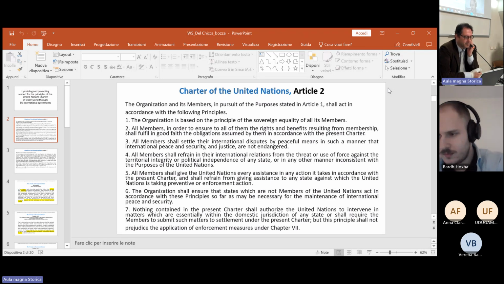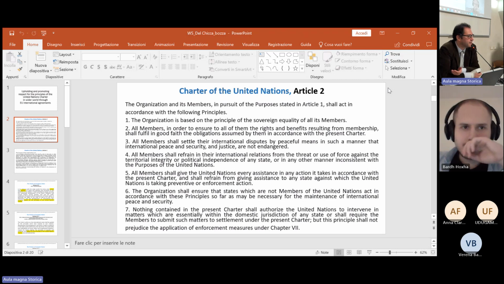Take, for example, paragraph 3 of Article 2. All members shall settle their international disputes by peaceful means in such a manner that international peace and security and justice are not endangered. This is a principle of the Charter of the United Nations, but not always does it find the right application in the international community. Okay.